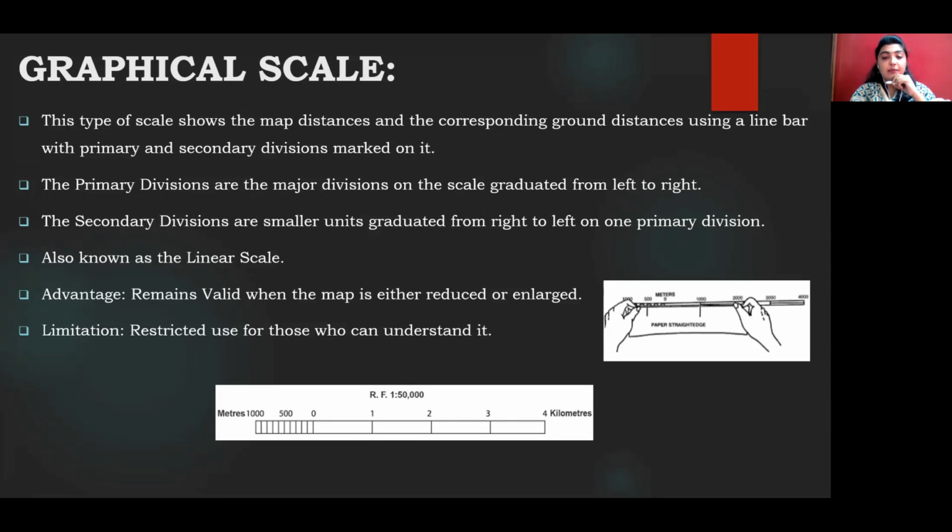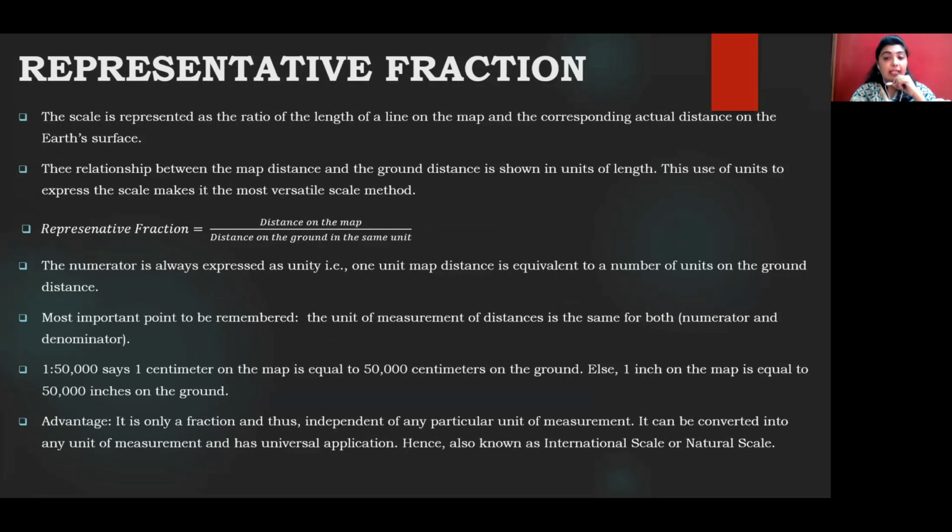So that limitation is there for this scale, bringing us to the next and last type of map scale that we have, which is the representative fraction. Now, the representative fraction is defined as the ratio of map distance to ground distance without any units.